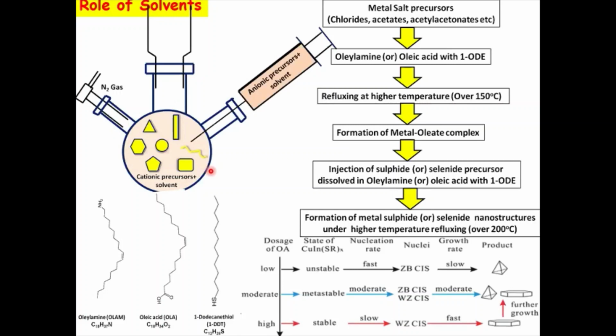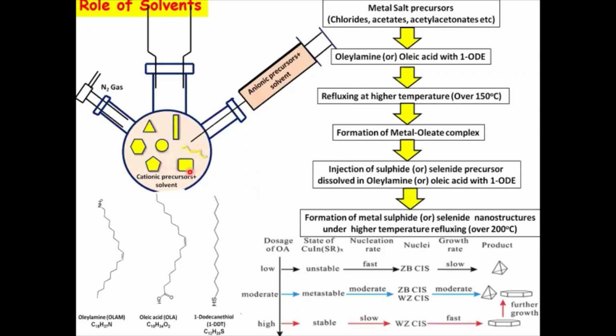For example, for copper indium sulfide, we mixed the copper source and indium source into the solvent, for example oleylamine or oleic acid. And then we added the anionic precursor, sulfur, with oleylamine or oleic acid through the other arm.